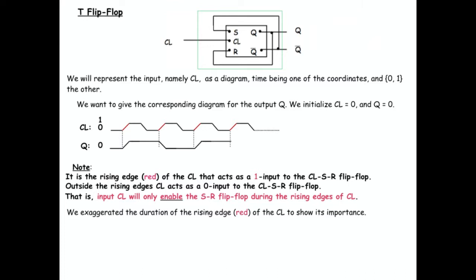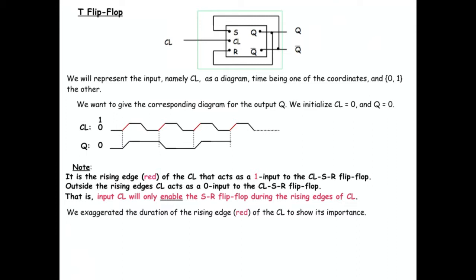And what we're seeing here, if you look at this diagram, is that this flip-flop gate, or for that matter any flip-flop gate, is going to be only half as fast as the system clock, right?